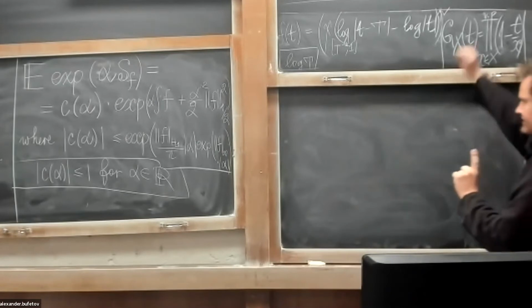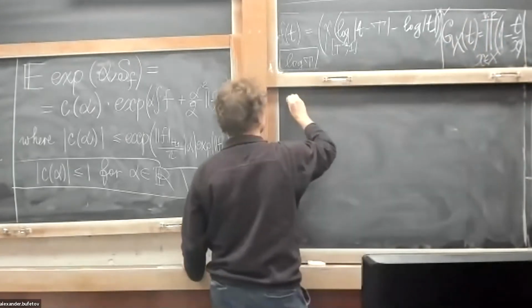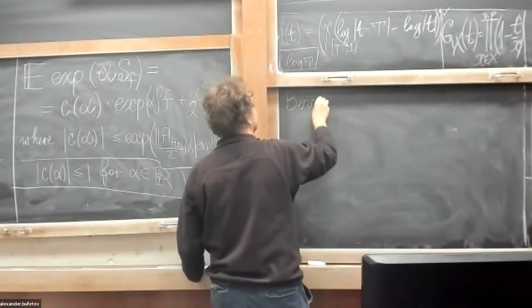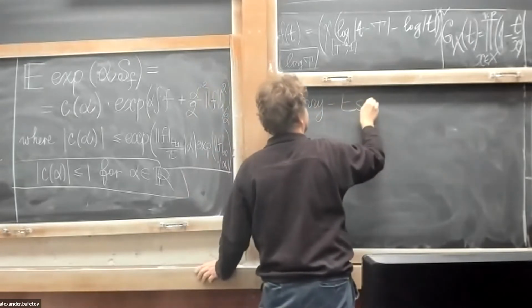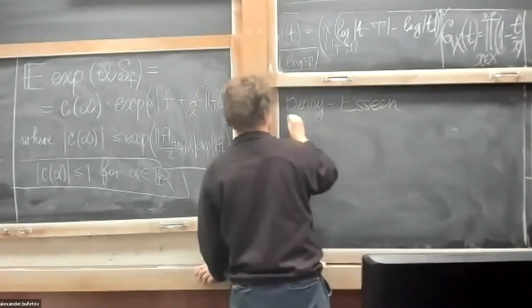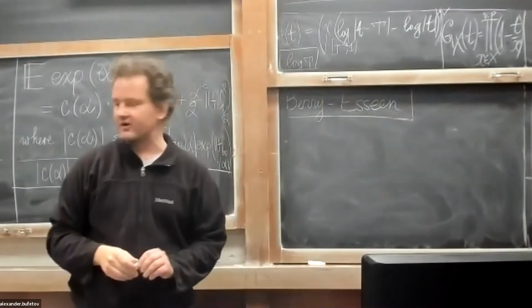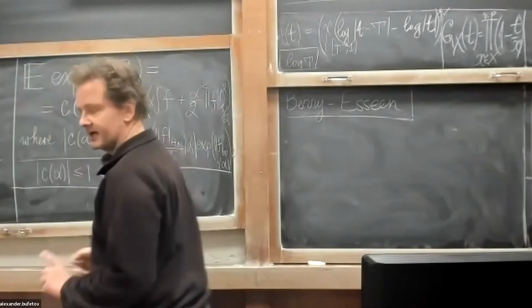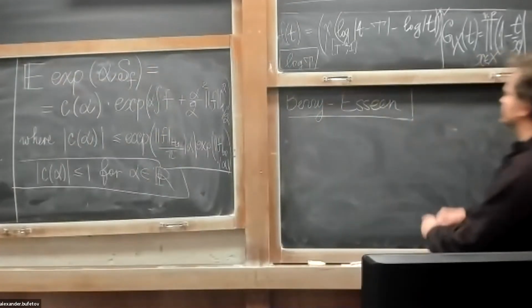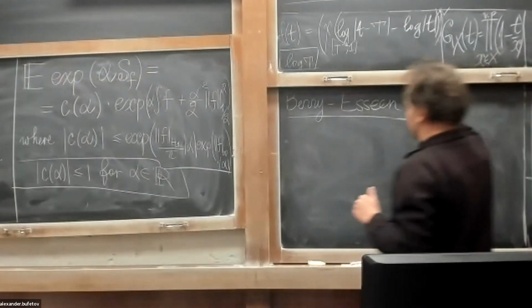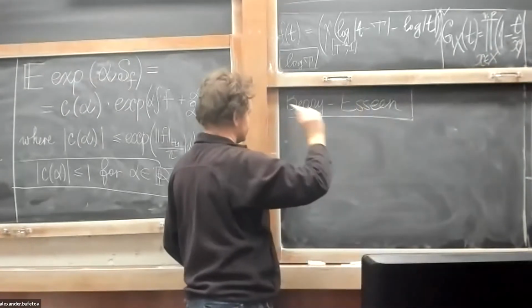I am considering the most naive version of the Berry-Esseen inequality, for identically distributed independent random variables.